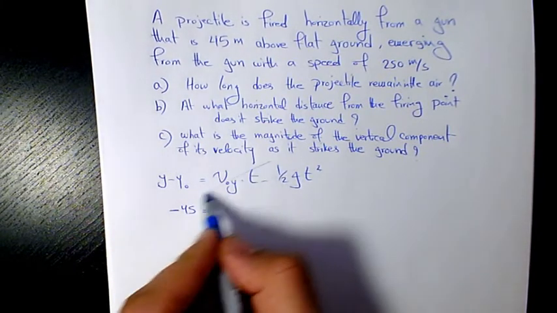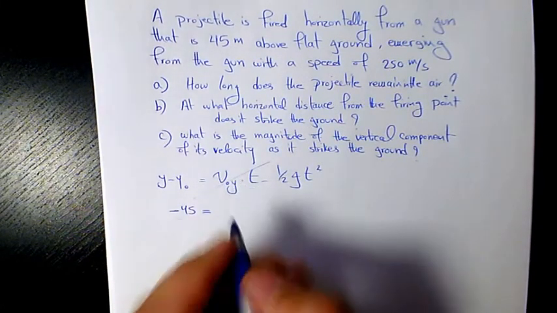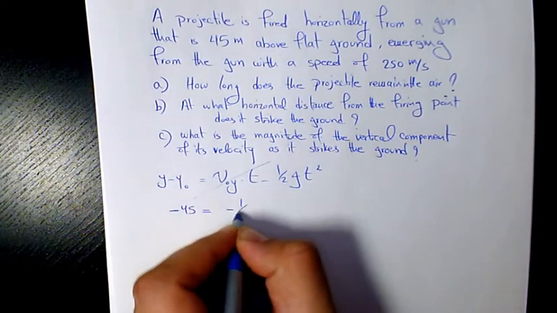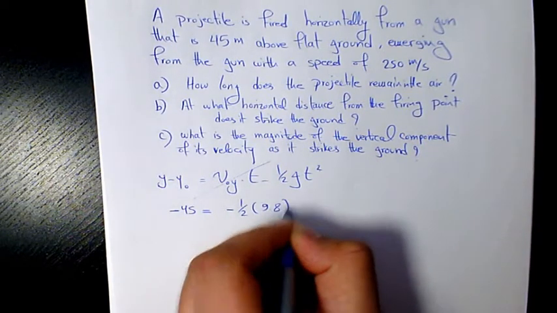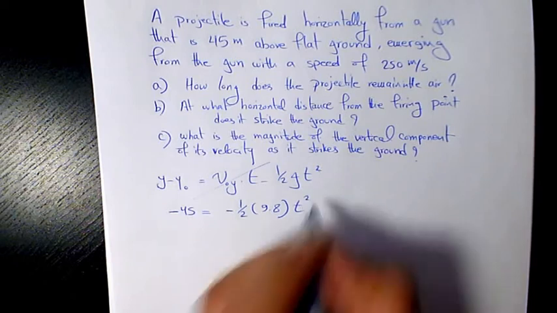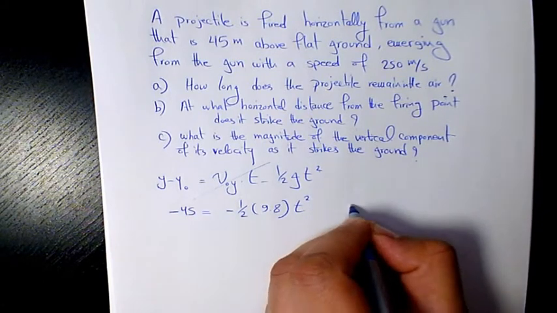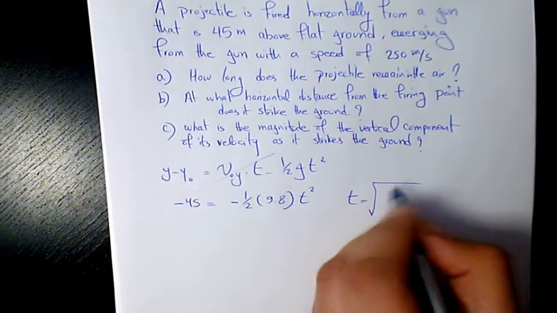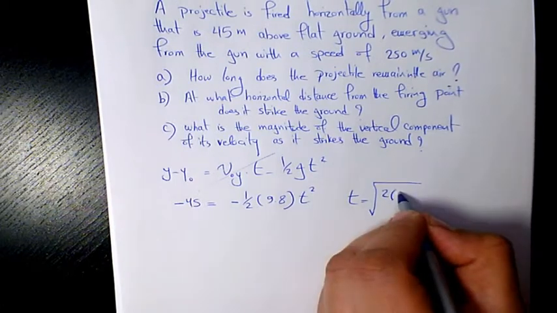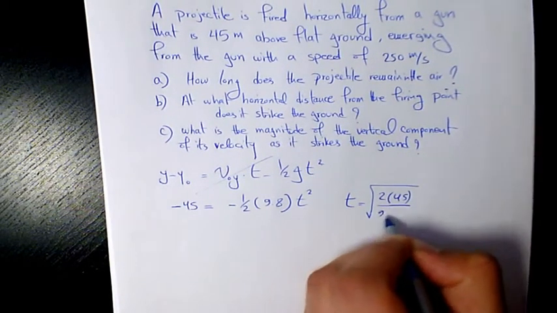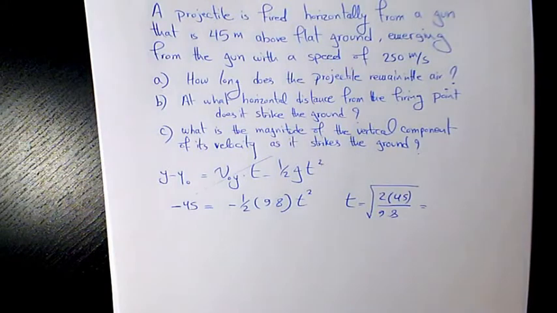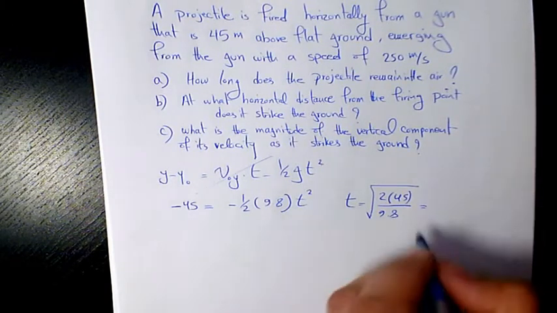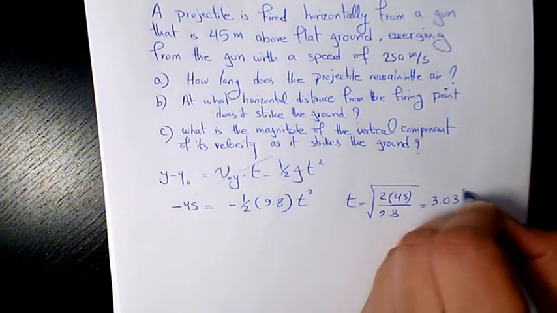This part is going to be 0 because v naught y is 0, equals negative 1 over 2, 9.8 times t squared. So t will be the square root of 2 times 45 divided by 9.8. That will be 3.03 seconds.